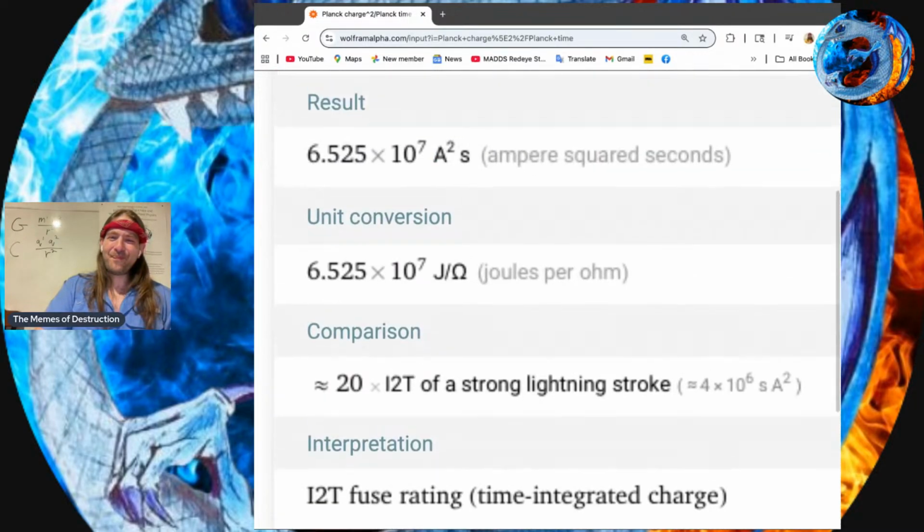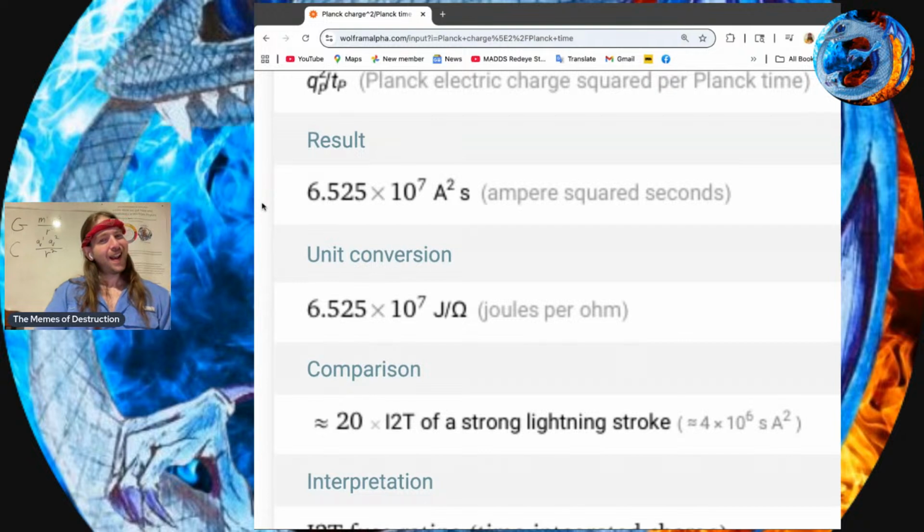But the interesting thing is, I do recognize these digits. 6.525. That sounds incredibly familiar, and only because I've gone down enough Wolfram holes.